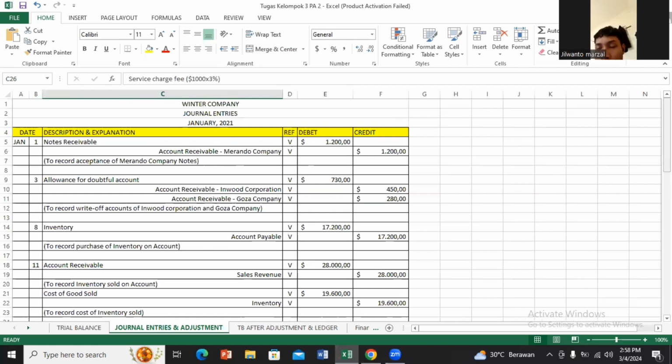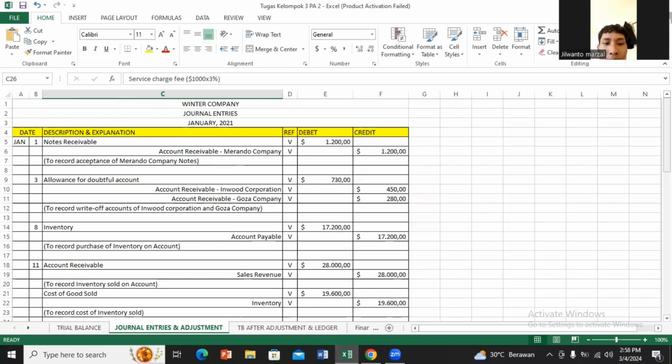I'm going to present the journal. On the first of January, Winter accepted an 8% note from Miranda Company in payment of Miranda's $1,200 account. So the journal is notes receivable in debit $1,200, and accounts receivable Miranda Company $1,200 in credit.